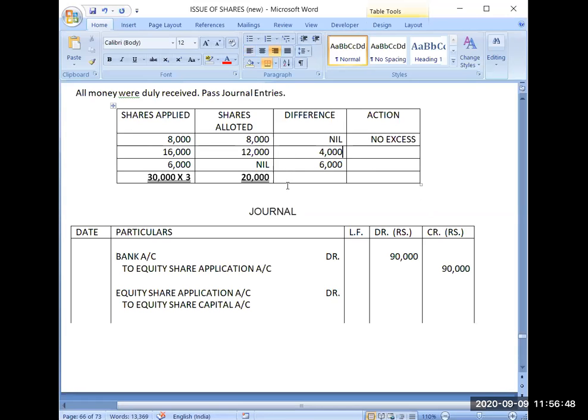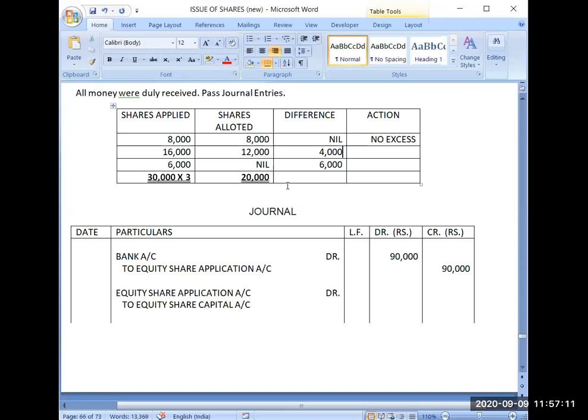This 4,000, is it number of shares or amount? Keep replying. Listen carefully and reply properly. 4,000 is number of shares or amount? Yes, very good. It is number of shares. The people have applied for 16,000 shares, but I have given them only 12,000 shares.